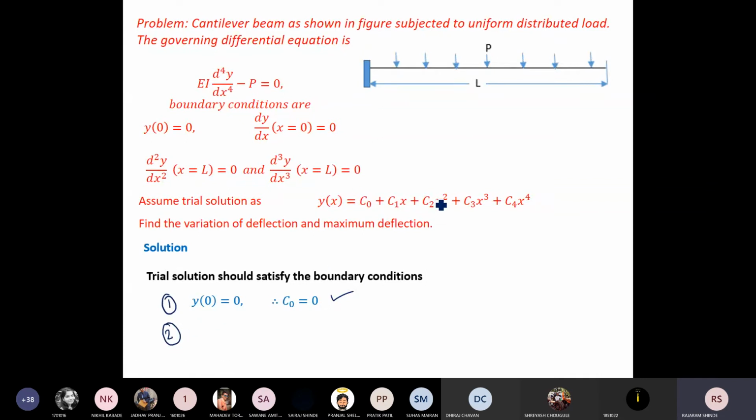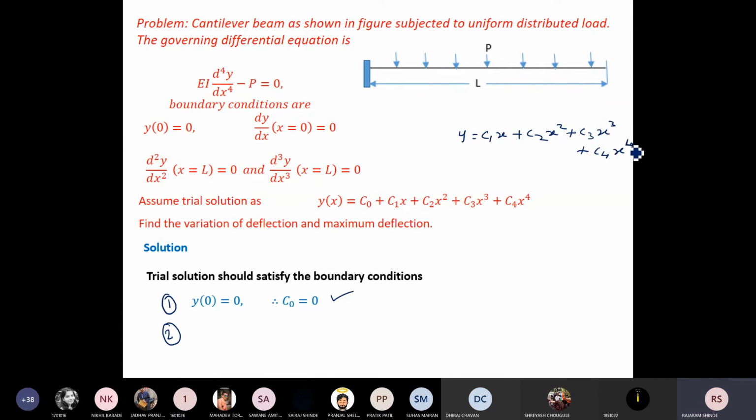dy by dx. Now your trial solution will be like this: y is equal to c1x plus c2x square plus c3x cube plus c4x raised to 4.